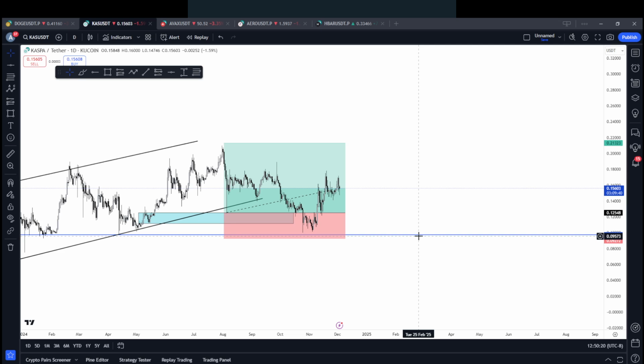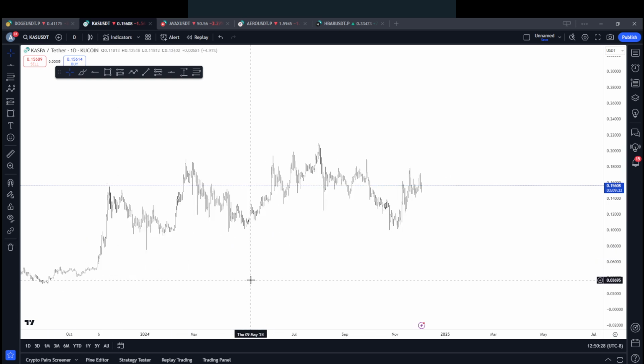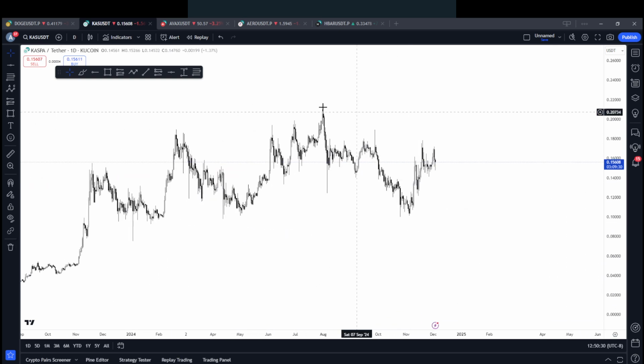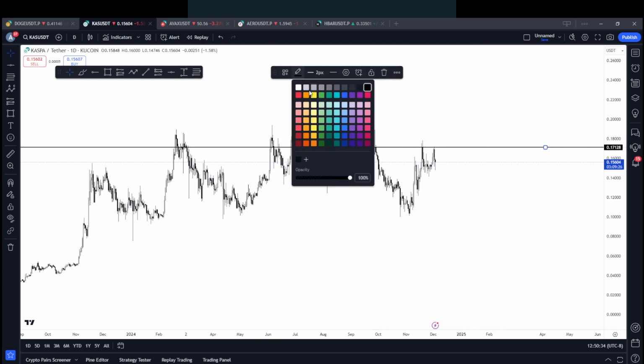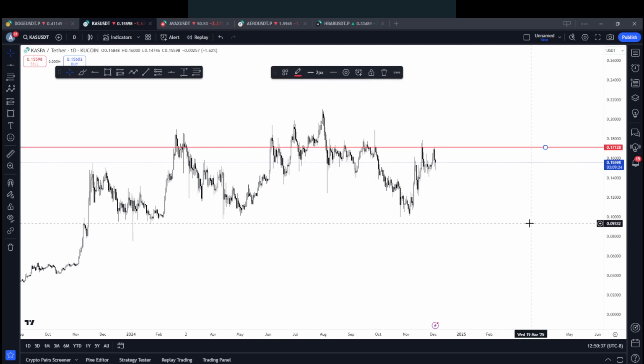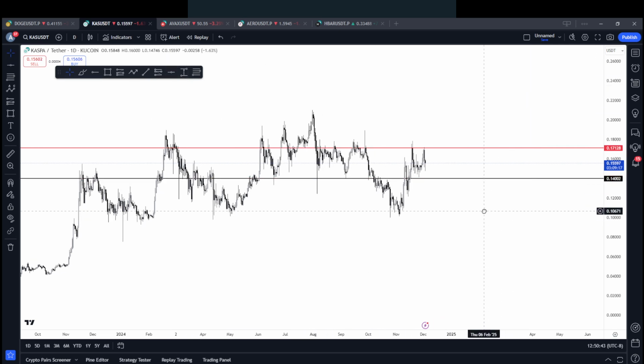Whoa, these are old freaking colors that I've used. All right, let's take a look. Is this a gaming coin? I have no idea.